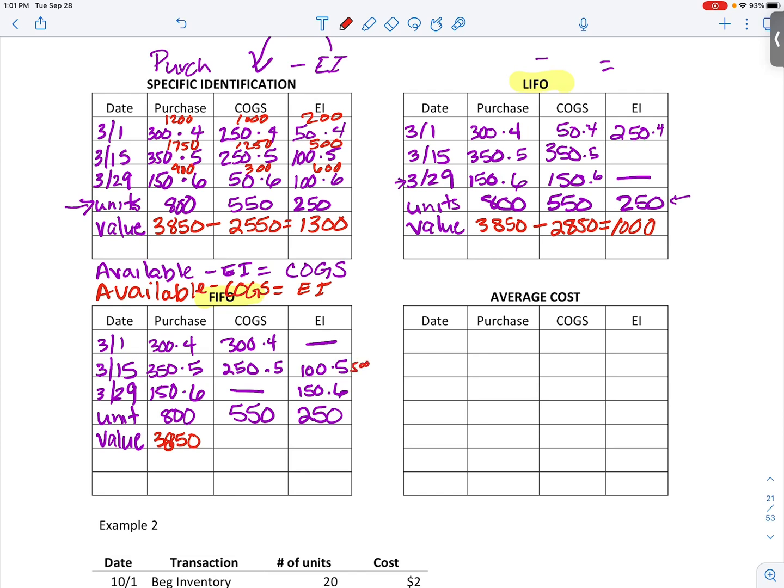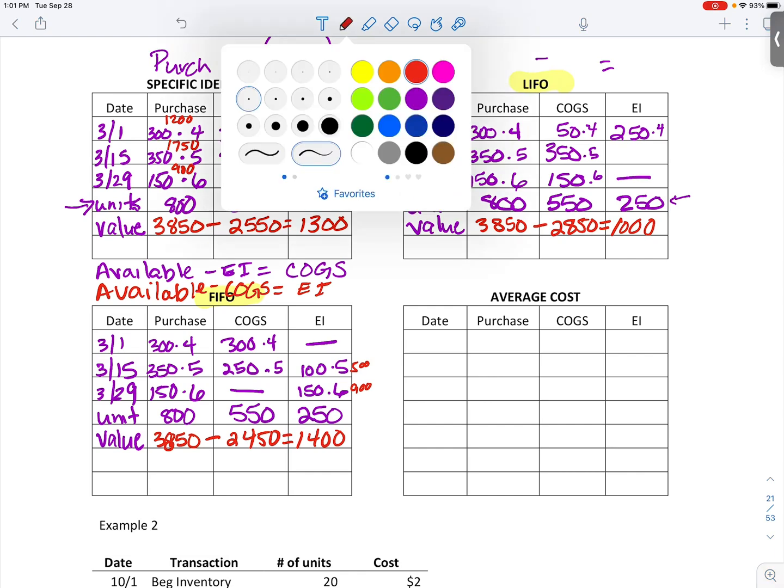That's 500. This would be 900. So that's 1400. So this number here should be 2450. You can check the math if you don't. Trust me.